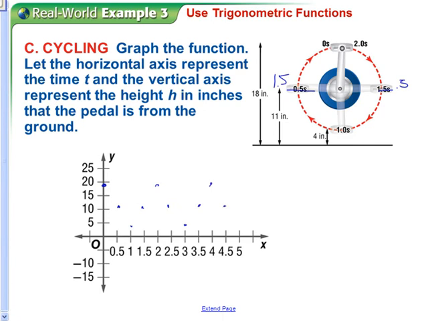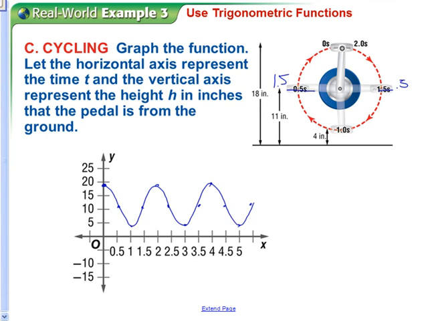And this pattern just keeps going on forever. Now, this is not a jaggedy graph, it's a smooth graph. You have to smooth it out, not make V-shaped graphs. And there's our graph.